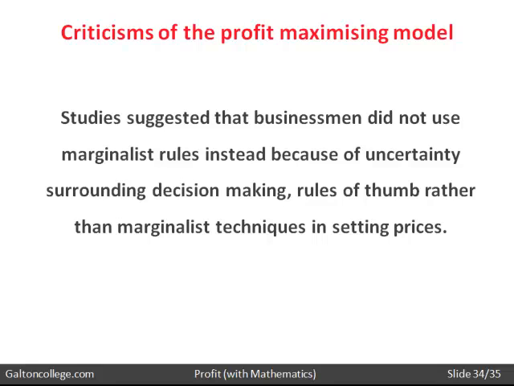Finally, studies suggest that businessmen did not use marginalist rules because of uncertainty surrounding decision making, using rules of thumb rather than marginal techniques in setting price. It's very unlikely that entrepreneurs and business people use marginal analysis. For a start, they don't know what the marginal cost is for many items they produce.